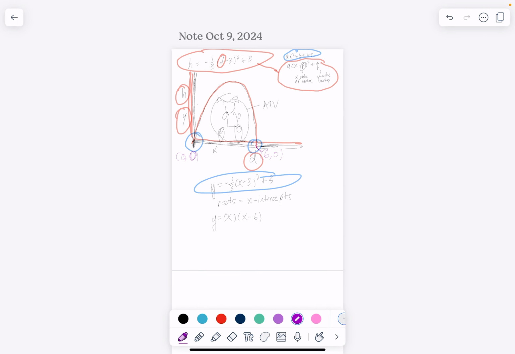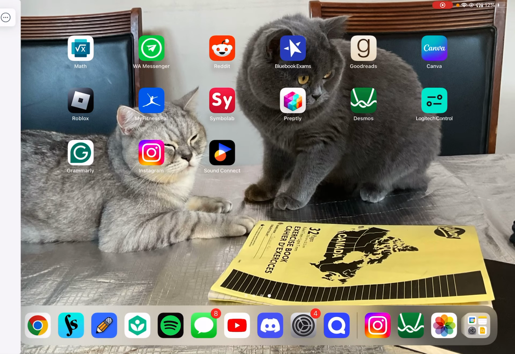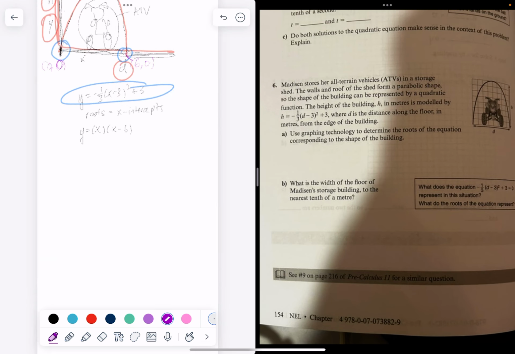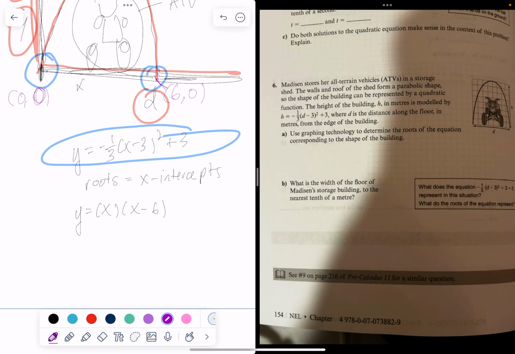You found the roots. Now, how can you apply the roots? Let's go back to the question. What is the width of the floor of Madison's storage building to the nearest tenth of a meter?